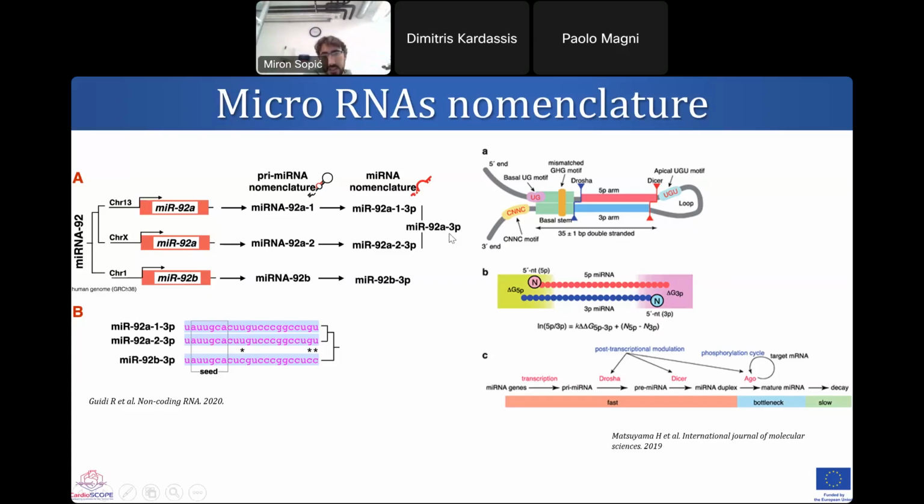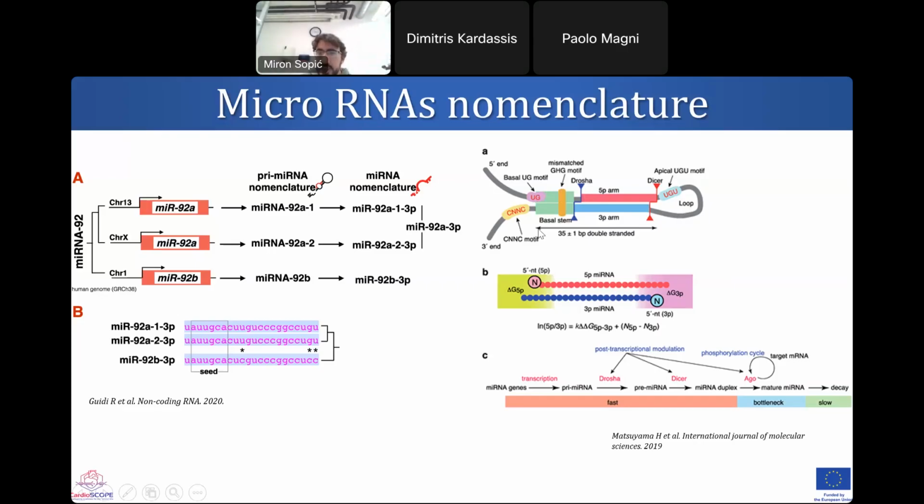Now, let's dedicate a certain amount of time to this 3p story, or 5p, as we previously saw. Sometimes it's 3p, sometimes it's 5p. So let's go back to the pre-microRNA. We know that this is the transcript that is produced from a gene, and you have these marks that show you that there are different types of structure within the structure.